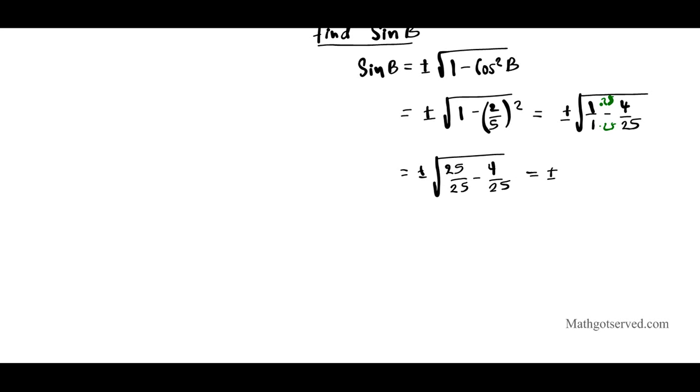Subtracting, we have plus or minus the square root of 21 over 25. Then we can break down the square root into root 21, and the root of the denominator is 5. 21 is 7 times 3, so we cannot reduce 21 any further. So sine B is plus or minus root 21 over 5.